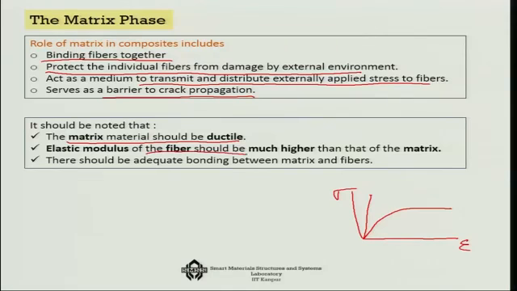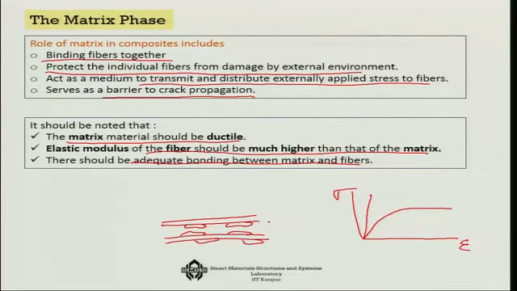Elastic modulus of the fiber is generally much higher than that of the matrix, and there should be adequate bonding between matrix and fibers, okay? Because sometimes what happens is, suppose you have two fibers, and if you look at it very closely, you may see some pockets of areas where there is no matrix that has reached.